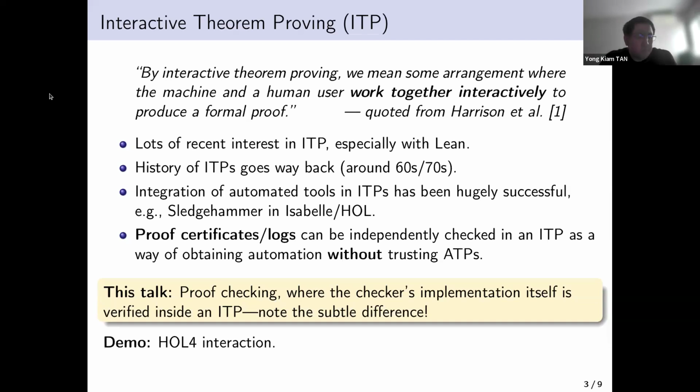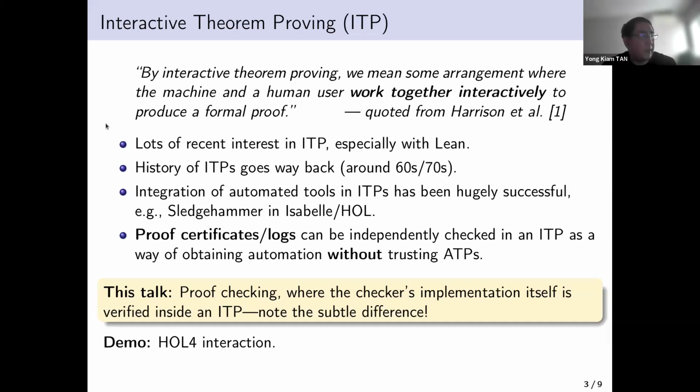One thing I would think is interesting to note is that traditionally there has been a lot of very important work in integrating automated reasoning tools into ITPs. One of my favorite tools, for example, is Sledgehammer, which really enables me to do proofs much more effectively using a theorem prover called Isabelle/HOL.